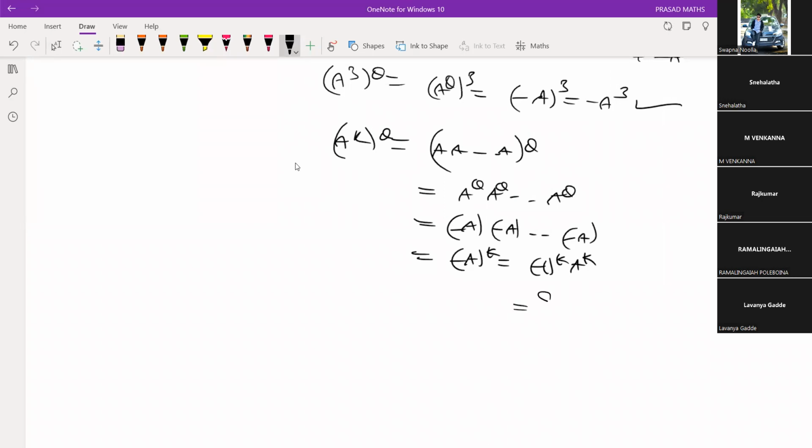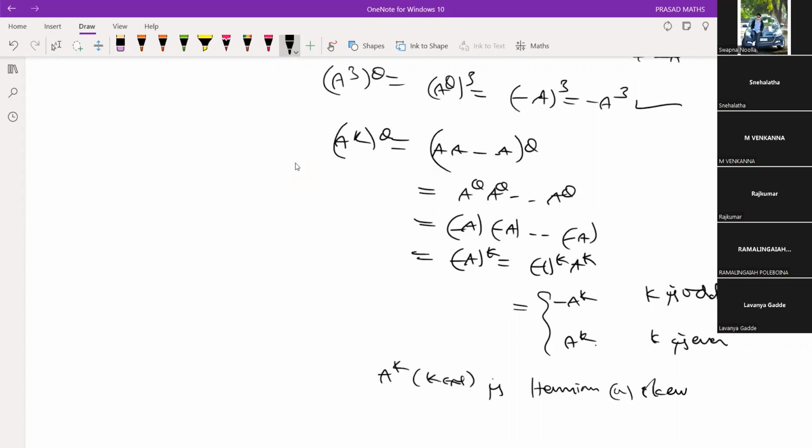That is nothing but what? Whenever k is odd, this is nothing but minus 1 into A power k. Whenever k is even, this is nothing but A power k. Therefore, A power k, whenever k is a natural number, is Hermitian or skew Hermitian according to k being even or odd. If k is odd, it is skew Hermitian.